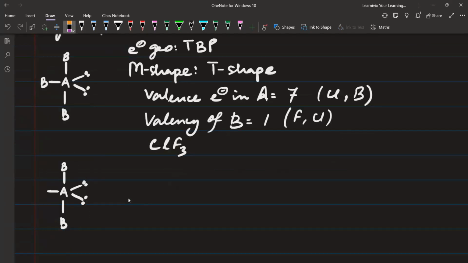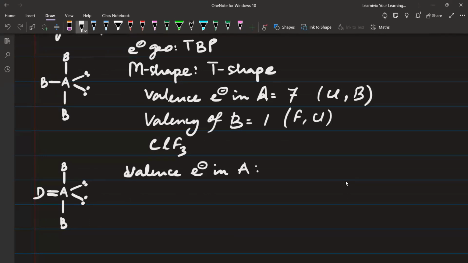So if I remove one B from here, and I add a double bond D here, in this case also you will see the valence electrons in A will be how much? How many valence electrons? 8. Very good. 8.